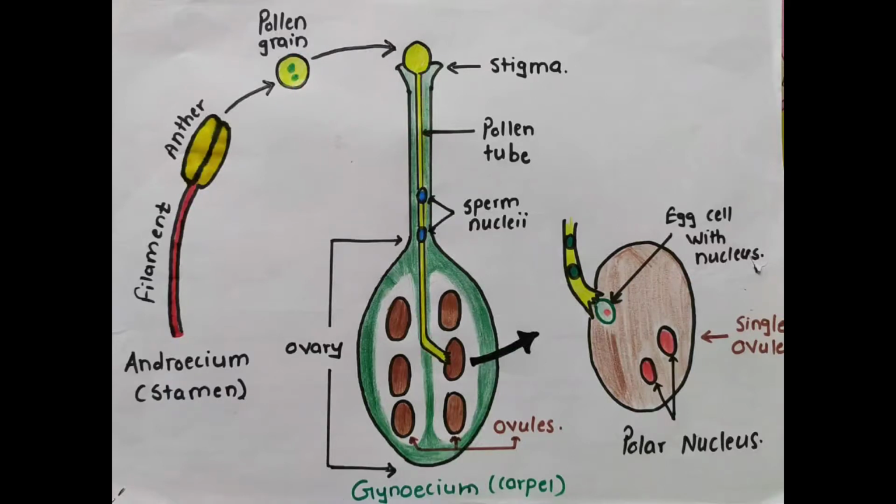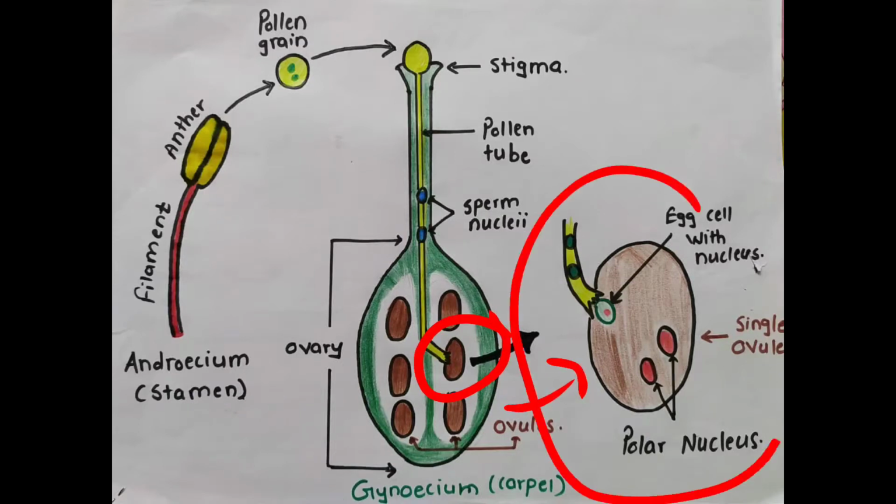Say this ovule I have zoomed out here. If you see the diagram of one ovule properly, you will come to know that in the ovule, one egg cell with a single nucleus is present and two polar nuclei are present, right?